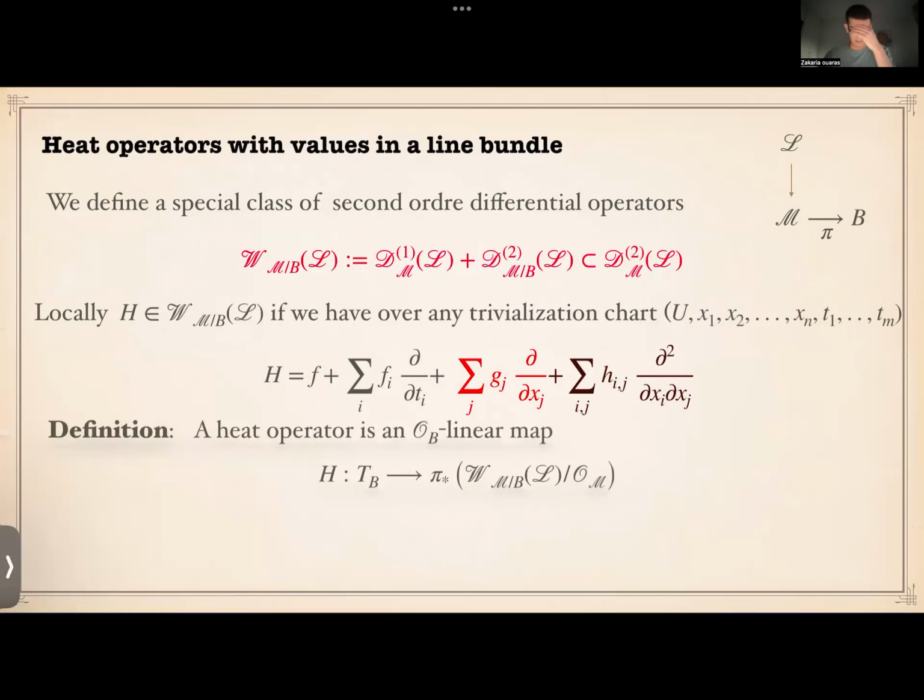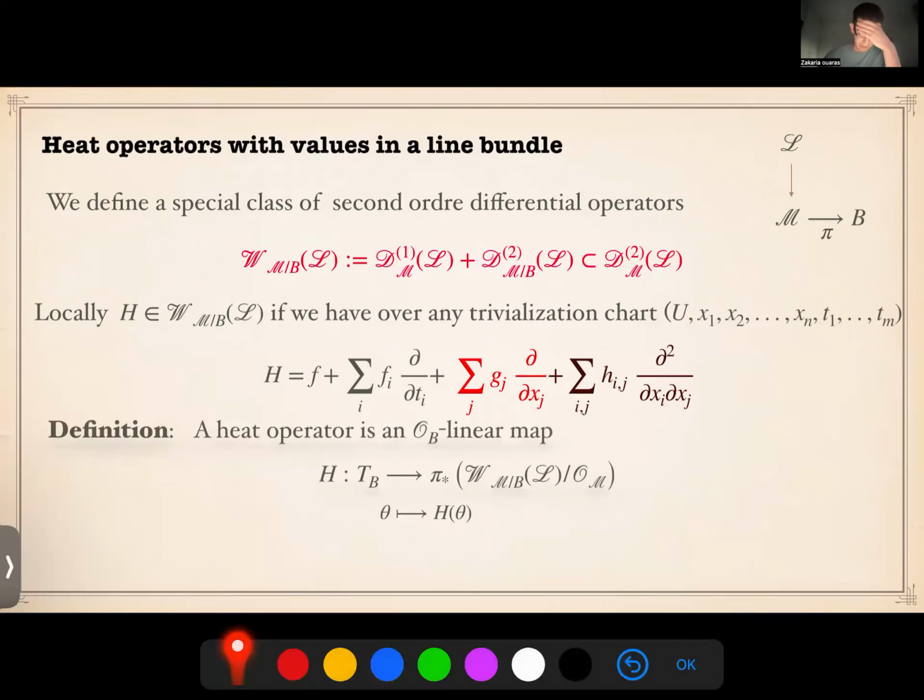Now I can define a heat operator. A heat operator is an O-linear map over B, where if you take a local vector field on B, it associates to you an element of the projective version of this sheaf, so differential operators of this form where you forget the degree 0 part. But this is not sufficient.